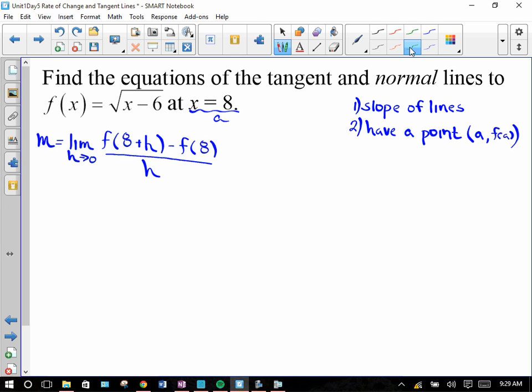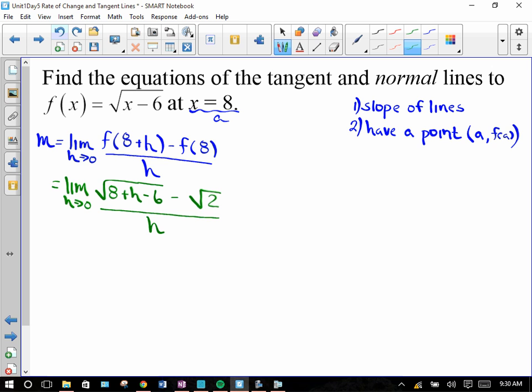So we have this is equal to the limit as h approaches 0 of plug 8 plus h in for x, so it's the square root of 8 plus h minus 6, minus f of 8, which is just going to be 8 minus 6 is 2, the square root of 2, and that is all over h.